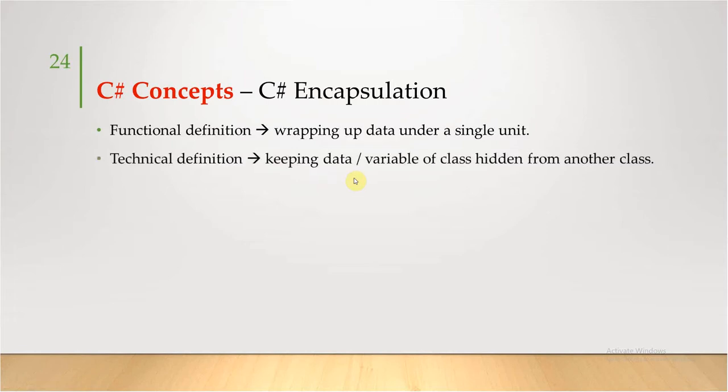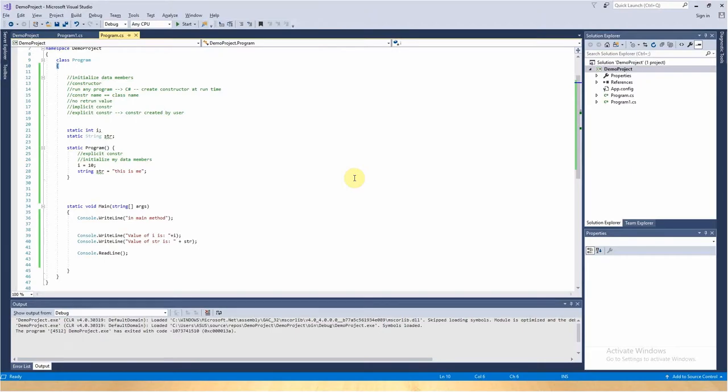And if I talk technically, it is defined as keeping the data, variables or methods of your class hidden from another class. What does that mean? I have two classes, program and program1. Let us say there is a situation where I want to hide the data.